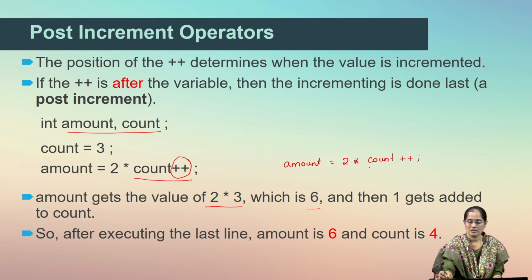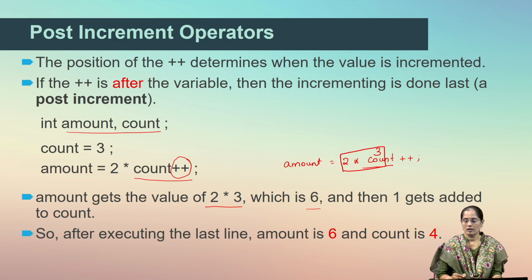what happens? The count variable will be replaced with its value. So, the operation 2 into 3 will happen in the first step, and then the value of 3 will be incremented. Here there are two operations to do.